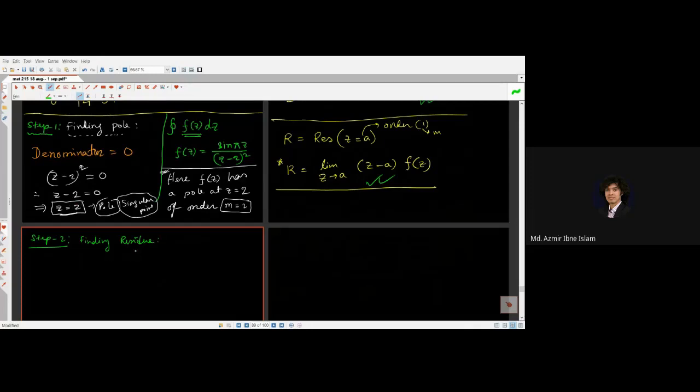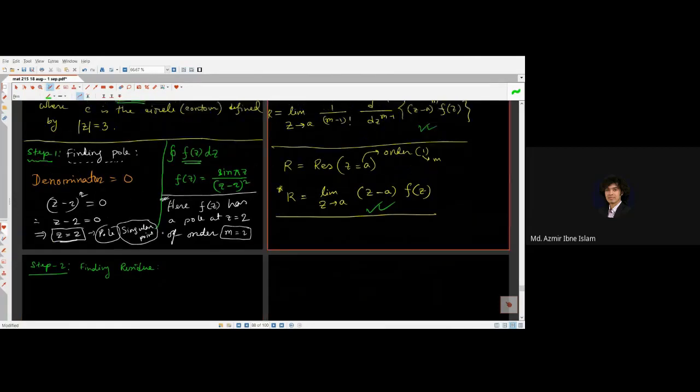But before that, we have to draw the region that is given. So here we have modulus of z equal to 3. We have to check whether this pole is lying inside this circle or not. If it is lying outside the circle, then the residue will be ignored. But if it is inside or on the circle, then we have to find a residue.